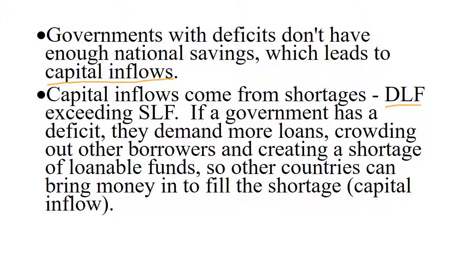So there's a shortage of remaining loanable funds. So in places like that, other countries can come in, they can bring in the loans, especially if they know that the laws of that country are in their favor, and that, if people default on their loans, there's going to be some protections for the lenders. So capital inflows can come in and make up that difference.